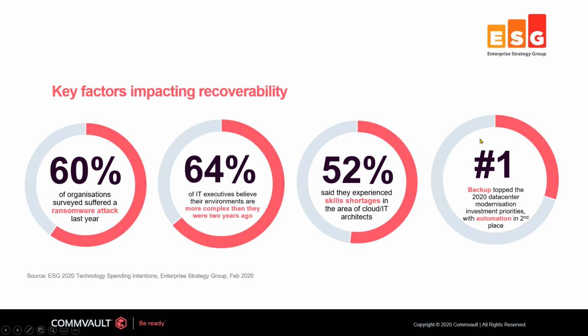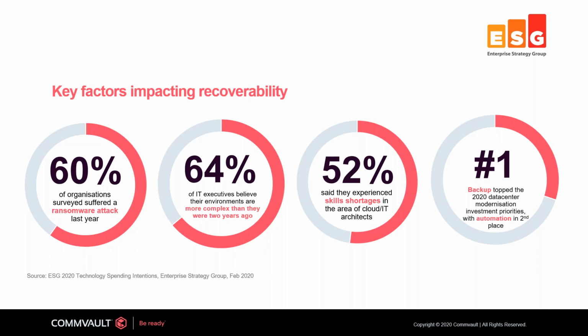So this then is a recent survey conducted by ESG from February, which talks about some of the key factors that impact recoverability. These are quite surprising, I thought myself: 60% of organizations have suffered a ransomware attack in the last year, and we'll talk about that in a little more detail. And 64% of IT execs consider their environment to be more complex than it was 2 years ago. So that goes back to that point.